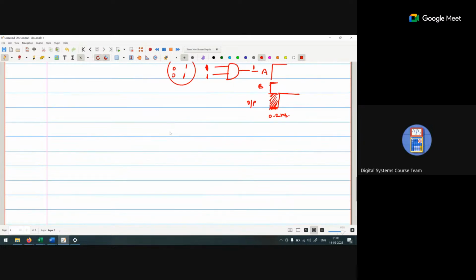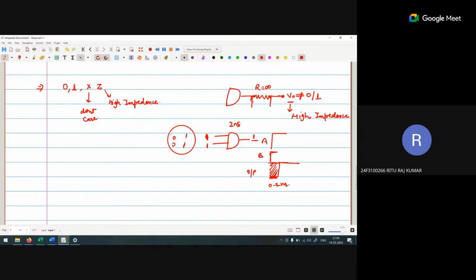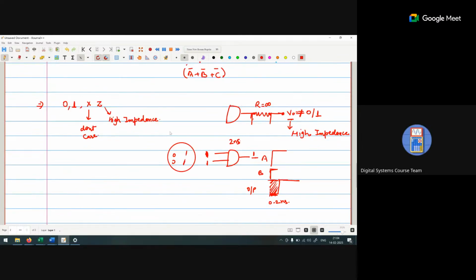Sir, I didn't get that high impedance thing. Can you repeat again? In the high impedance state, our circuit is broken. I think you are aware of the noise margins condition.